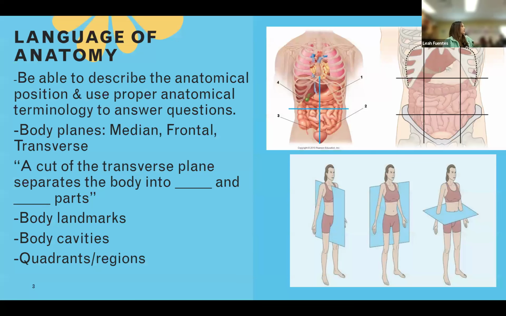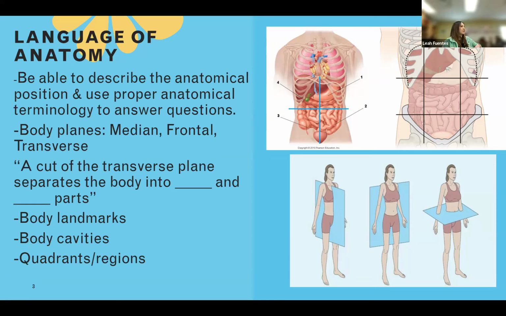Okay, so the language of anatomy, you're going to want to be able to describe the anatomical position in your own words. You always want to get it out in as few words as possible, but make sure you explain yourself really well. So you don't need to write 2 or 3 sentences, right? One sentence will be enough as long as it's a quality sentence.